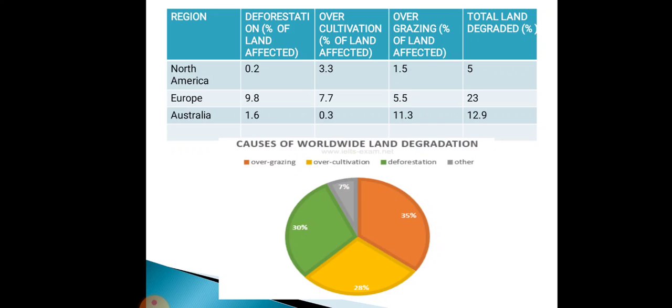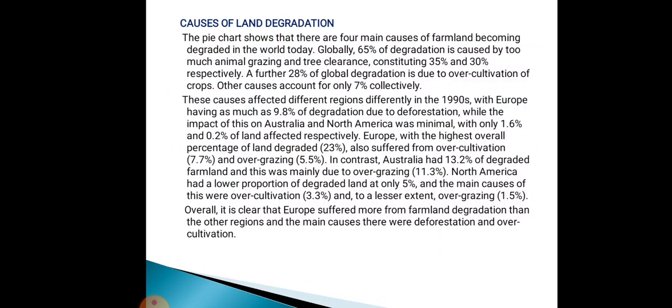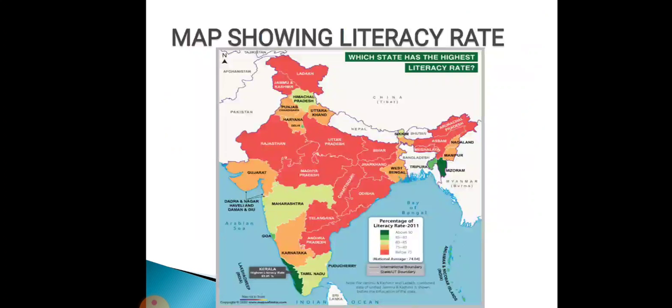So, in a similar way, you can discuss about overcultivation, overgrazing, and then total land degraded, and the conclusion can be given. So, in the conclusion, you can write that overall it is clear that Europe suffers more from farmland degradation than the other regions, and the main causes there were deforestation and overcultivation.